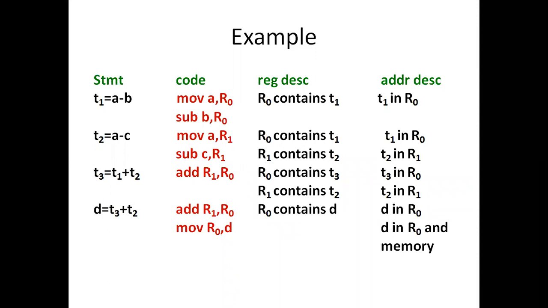Now if the question is to explain the algorithm, that means the algorithm for code generation using get register. And here the expression is in the form of operator, operand 1 and operand 2, and we generate the code sequence. How to generate the code sequence for this? That means we need to write the algorithm for this.